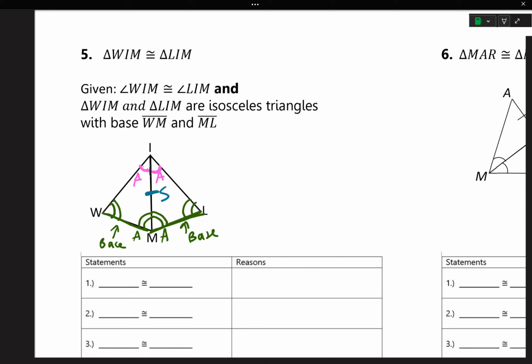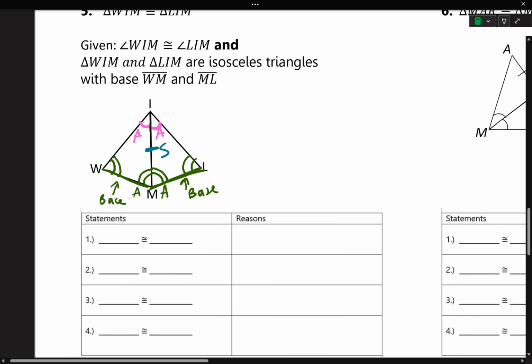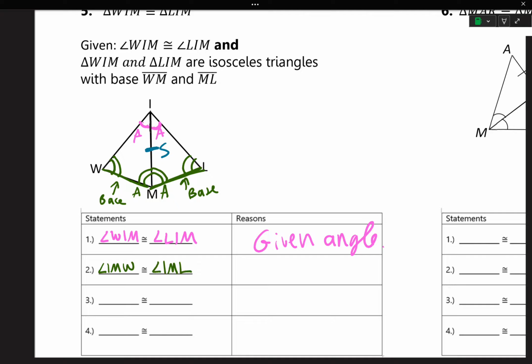All right, let's write it down. First, we were given angle WIM is congruent to angle LIM. So this was a given angle. Then I can say that angle IMW is congruent to IML because of isosceles triangle. Oh, that is how you spell isosceles.